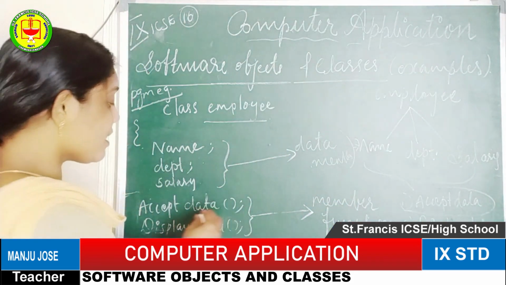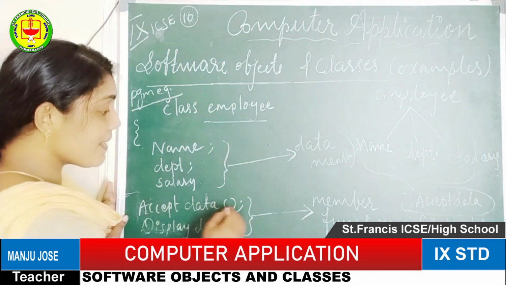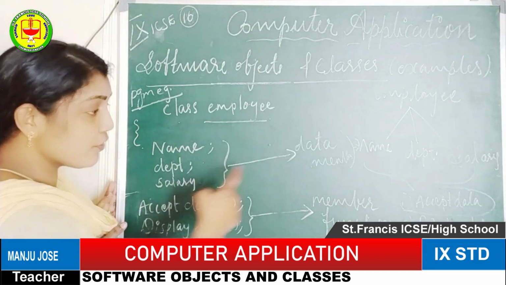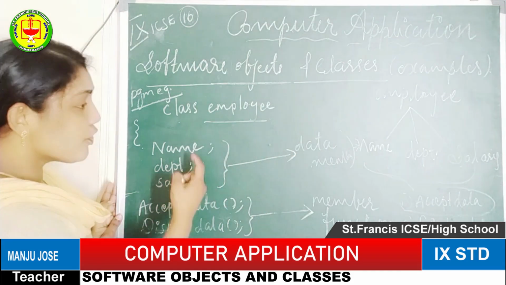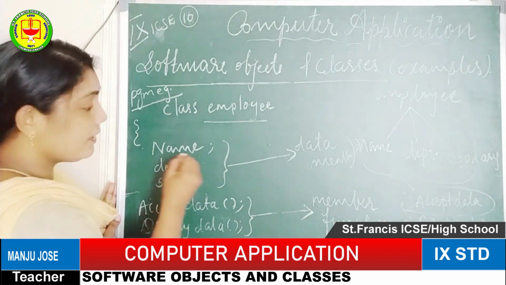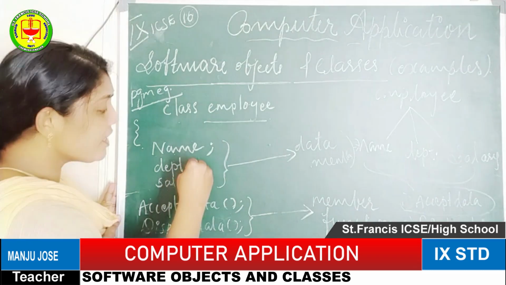Next we can see accept data and display data. Compared with data members, the representation of member functions will be a little different. Here, for data members we defined just one word, the name, and put a semicolon. Then department, in short form, with a semicolon.